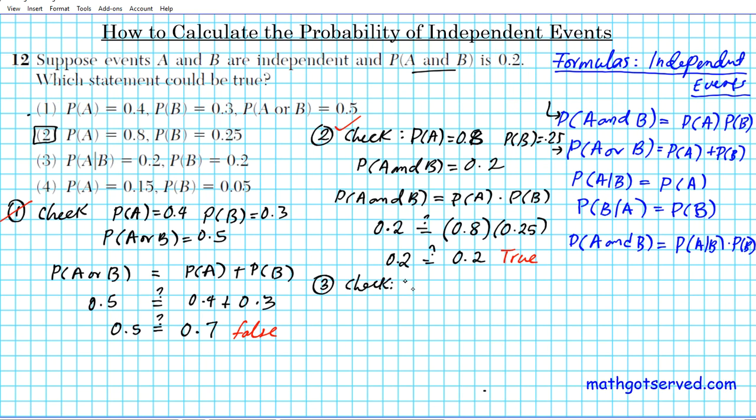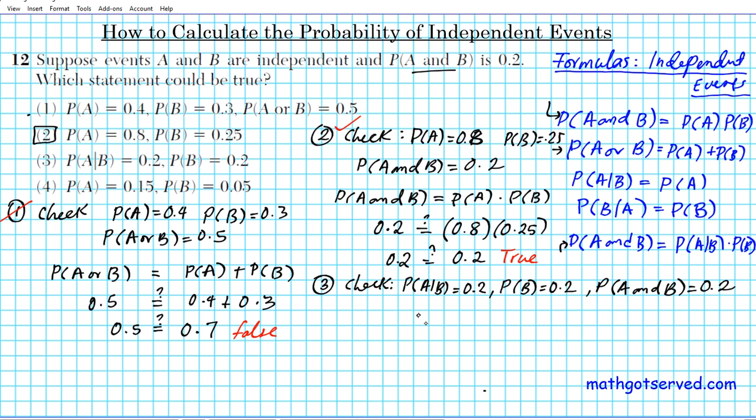All right, so for 3, we're going to check probability of A given B is 0.2 and probability of B is 0.2. And we also know that, which one are we going to use? Probability of A given B, probability of B. We want to use this equation right here, okay? So we also know that probability of A and B is what? 0.2.